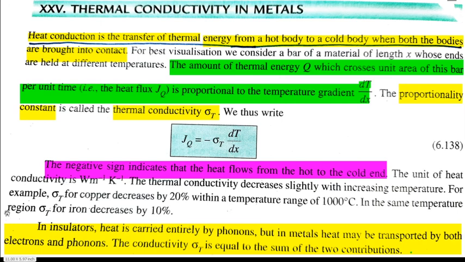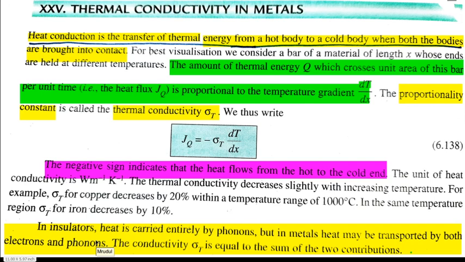One more important point I highlighted here in yellow: in the case of an insulating material, the heat is carried almost entirely by the vibrations of the lattice, or the phonon. But in the case of a conducting metal, especially in metallic crystals, the scenario is a little different.